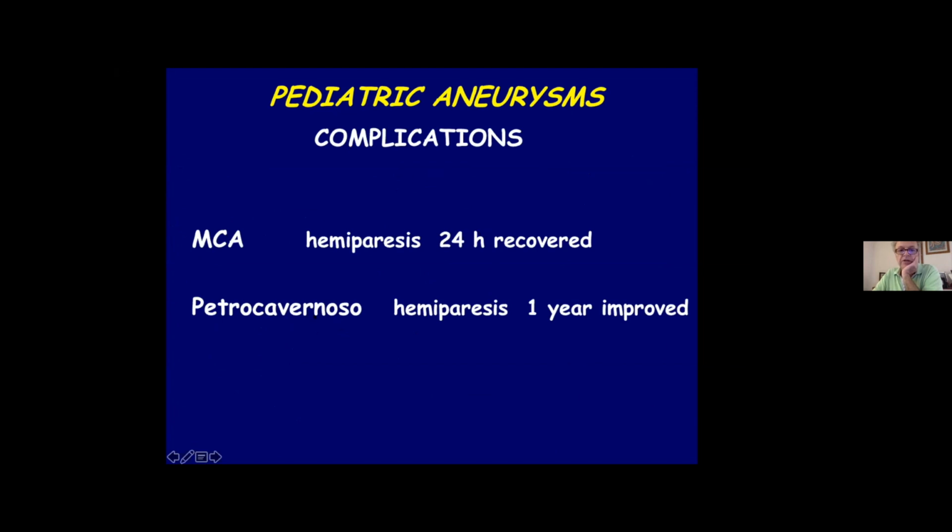In the petrocavernous, 1 year hemiparesis, 1 year later improved, but 20 years later, the patient rebled and died. And the MCA aneurysm of Recklinghausen had a hemiparesis but finally recovered. Okay, thank you for your attention.